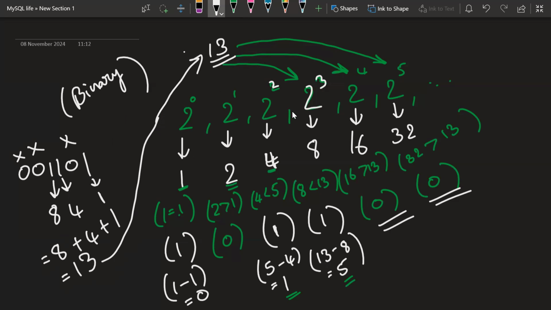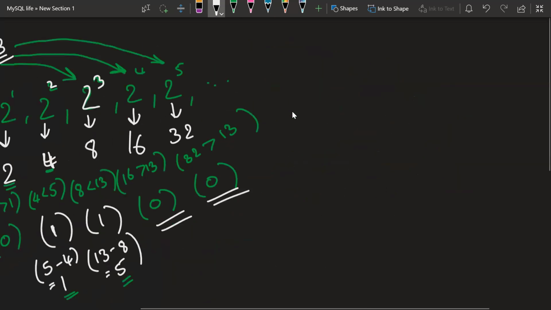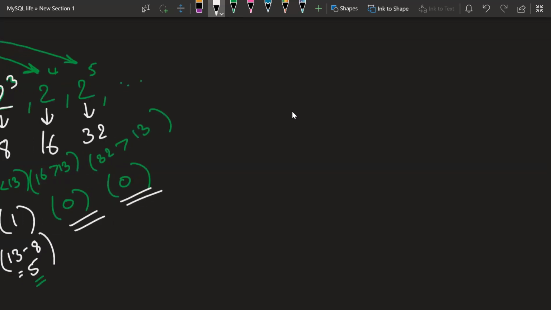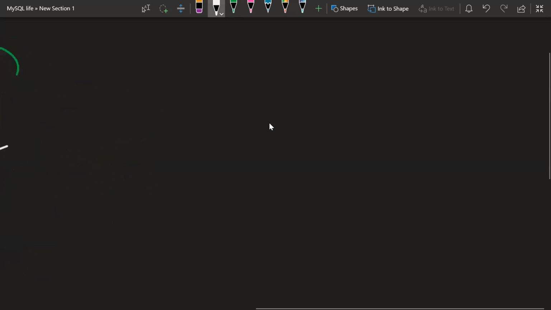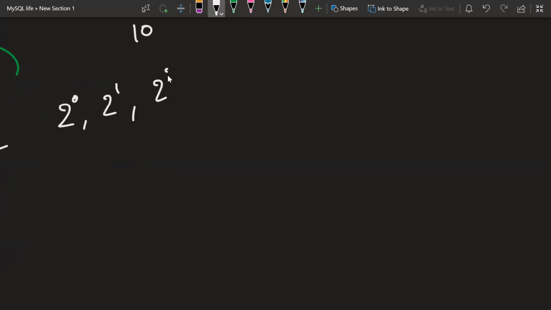Now I would like to show you the binary conversion for another number just to get a more clear understanding. Okay. So I would consider the number 10. So let's just write out all the powers of 2 here. First, 2 power 0, 2 power 1, 2 power 2, 2 power 3, 2 power 4.